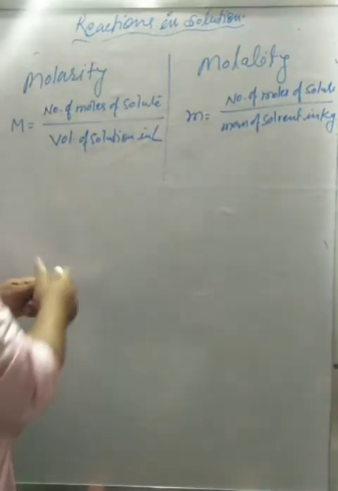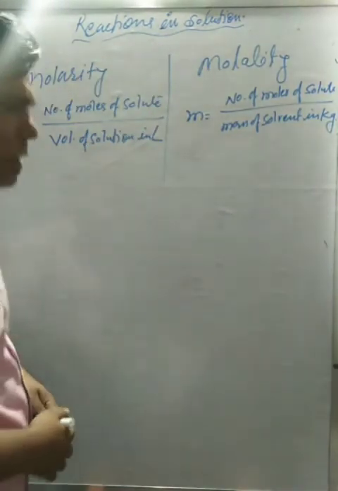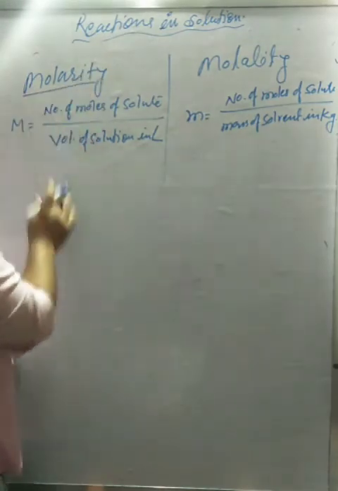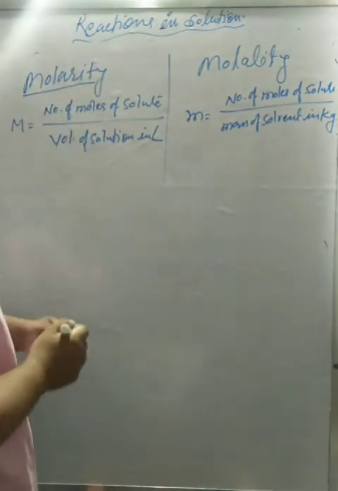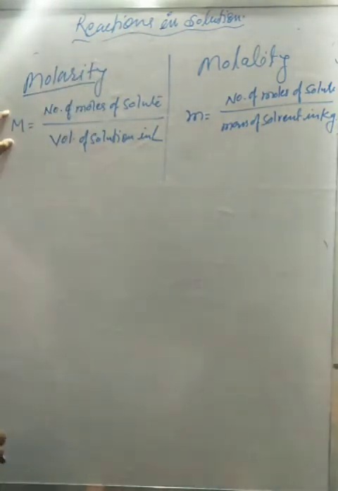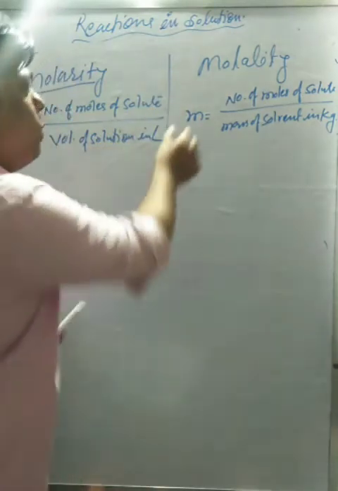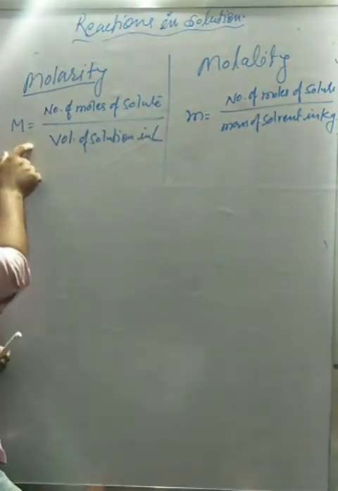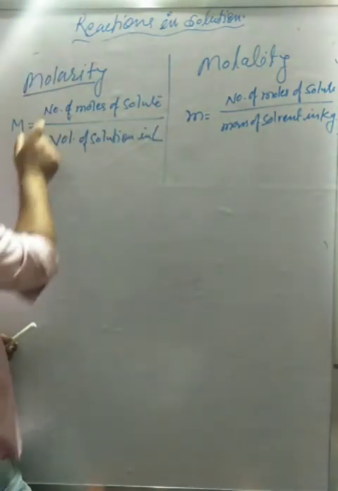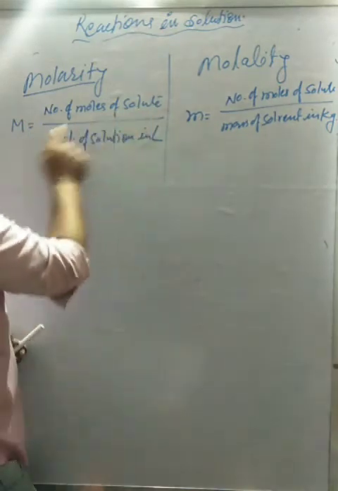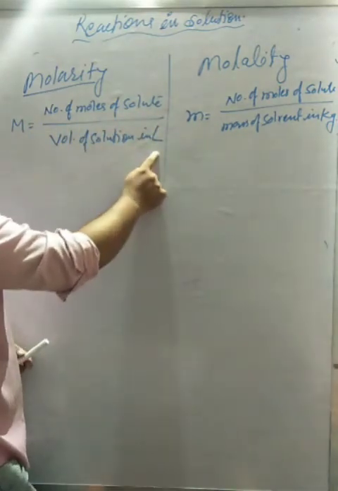Our next terms are molarity and molality. What is molarity? Molarity is expressed in capital M, and molality in small m. Small m indicates molality and capital M indicates molarity. Molarity means the number of moles of solute upon the volume of solution in liter.